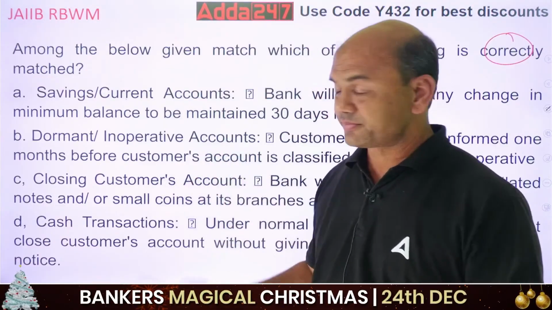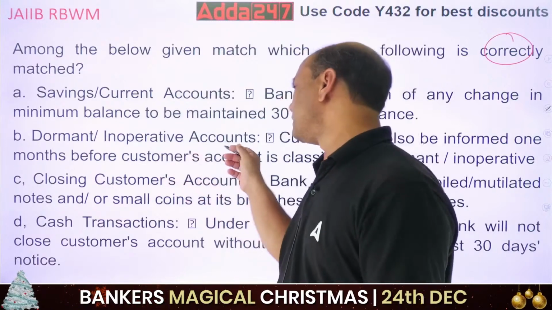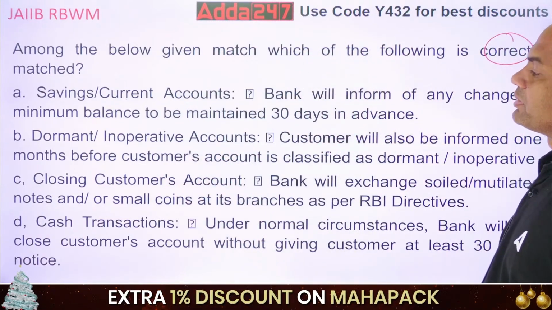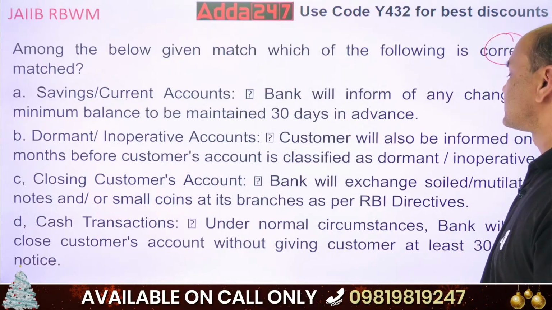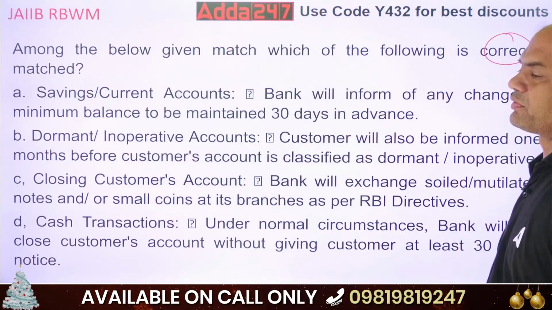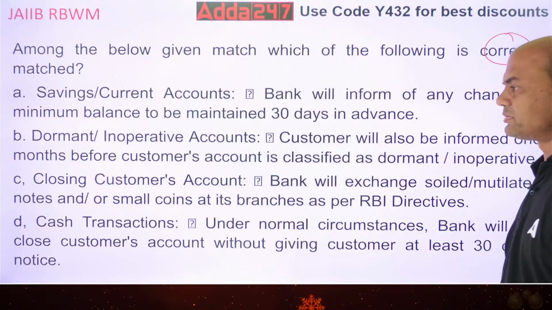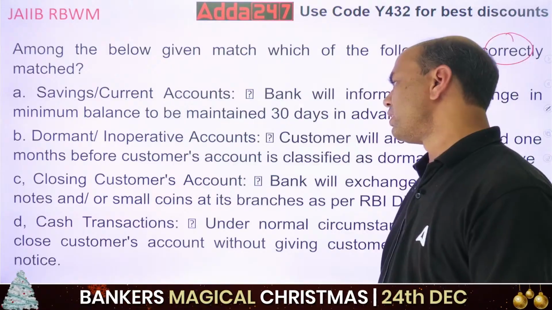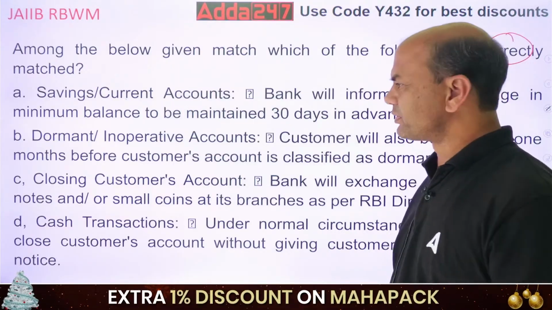Check this. Dormant or inoperative account: customer will also be informed 1 month before the customer's account is classified as dormant or inoperative. So do you inform the customer that your account will become dormant? Or nowadays we use the word inoperative.